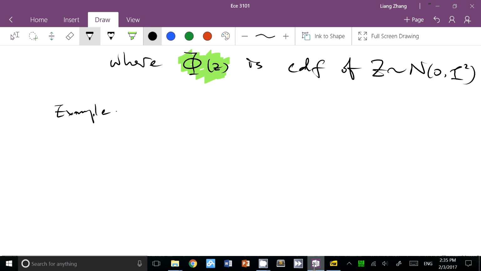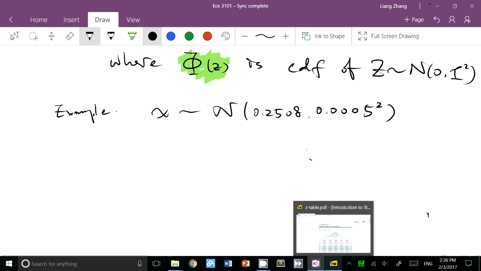The procedure will end up with a certain measurement, the diameter of a metal shaft, that will follow a normal distribution with mean 0.2508 and a standard deviation equal to 0.0005 squared. This will be the variance.